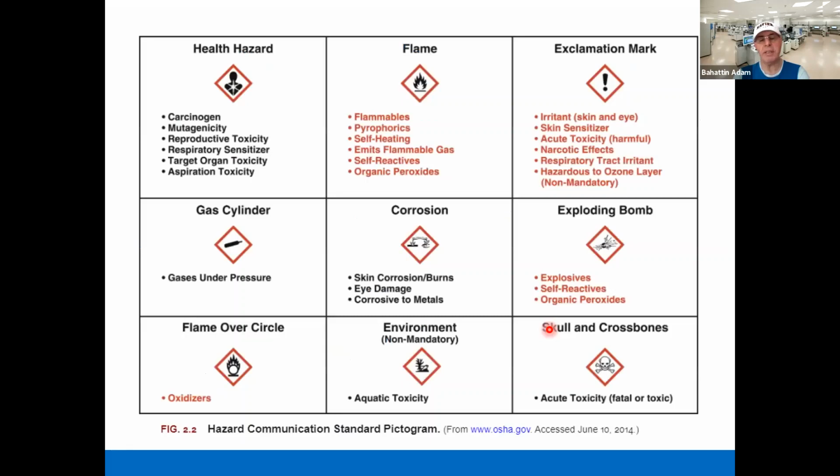Now you see the different kinds of labels based on the chemicals, the materials that we are using. As you see, there are different kinds of labels here. This is health hazards.